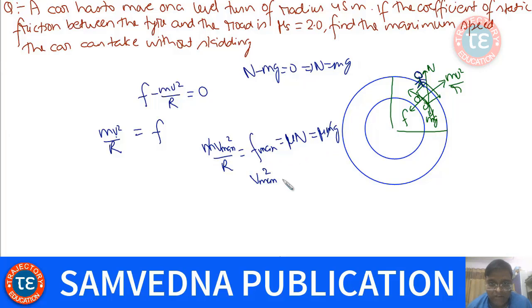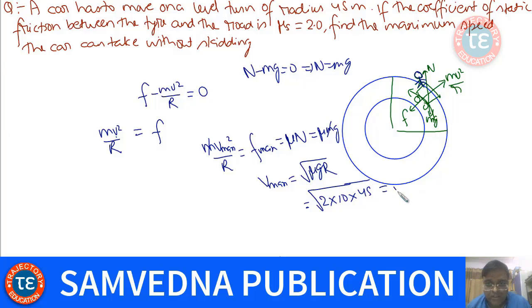So this m will cancel out, and v max is under root mu g r, which is mu is 2, g is 10, and radius is 45. So it is 900, it is 30 meter per second.